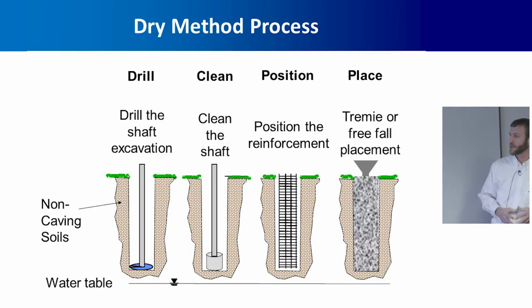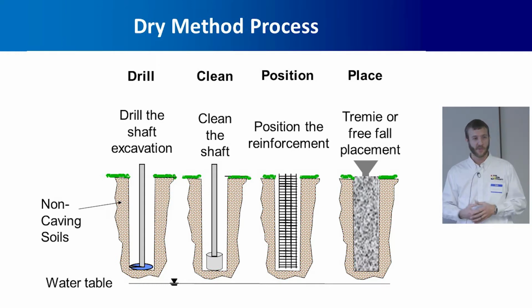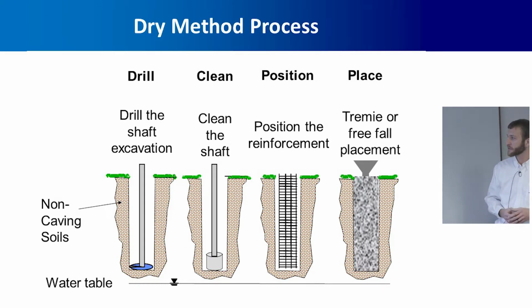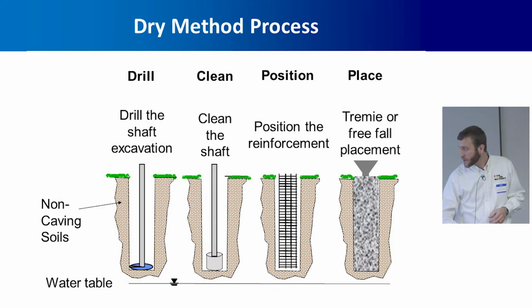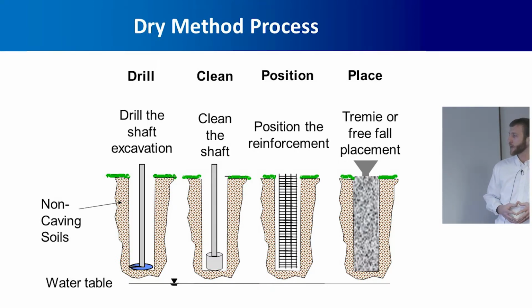Just going through the basic steps in the process. So you just drill the hole, clean it out. You would have some inspection there, making sure the hole is clean, and then place the cage, and then place the concrete. In a dry hole, you can either place it with a tremie or you can free fall it from the top.